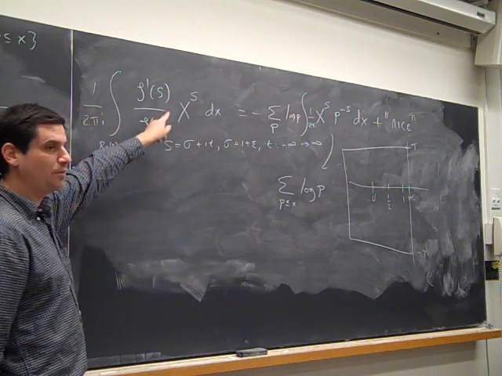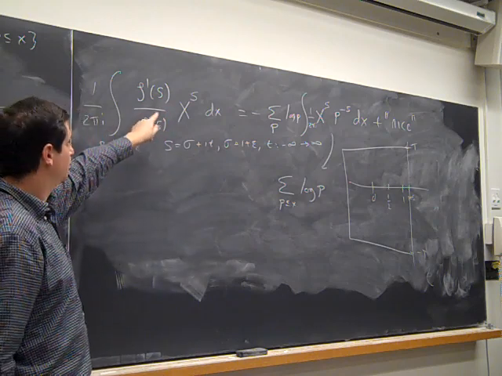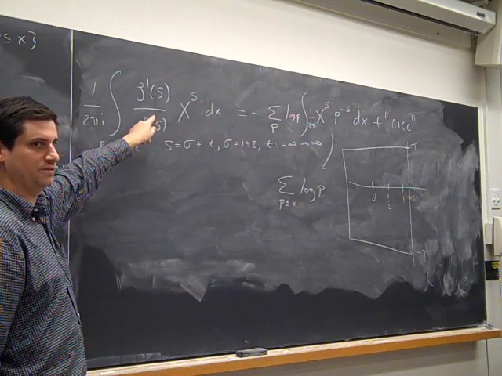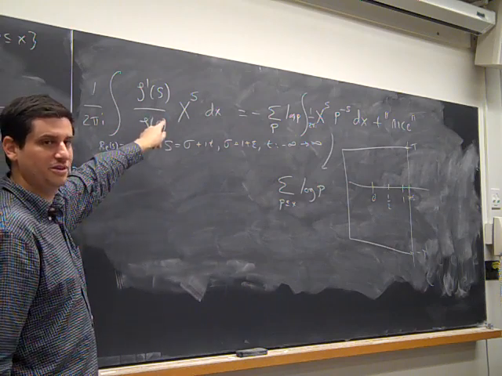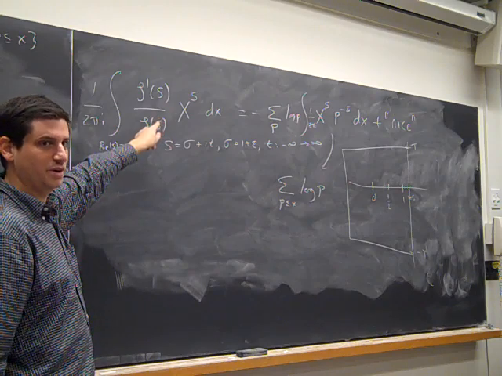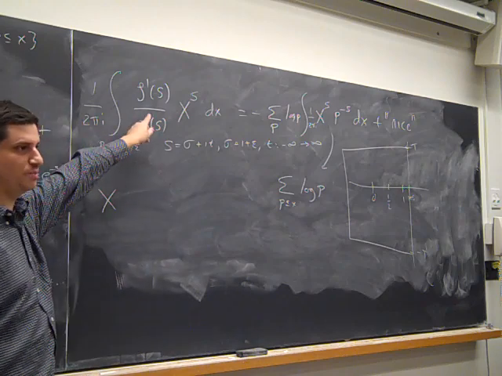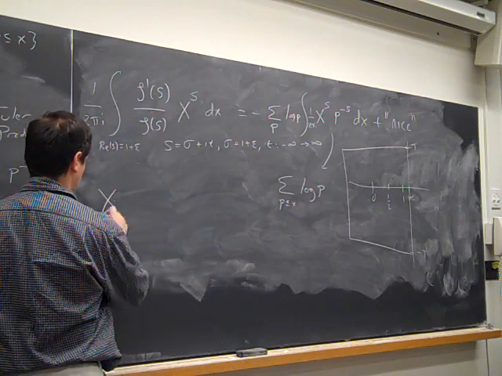And so now, when I get a pole of the Riemann zeta function, the contribution from a pole is plus 1 or minus 1? Minus 1. So the pole gives me an x, because we know the Riemann zeta function has a pole at s equals 1.